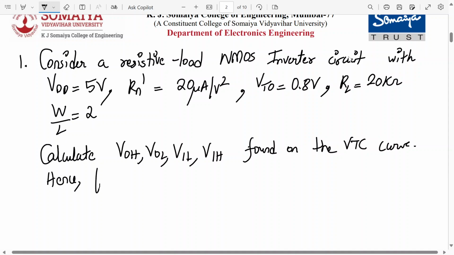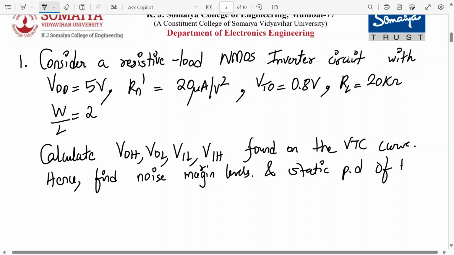Hence find noise margin levels and static power dissipation of the circuit. PD stands for power dissipation.